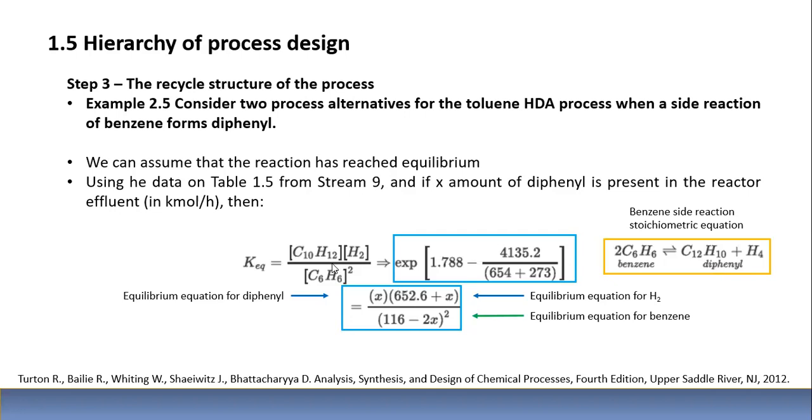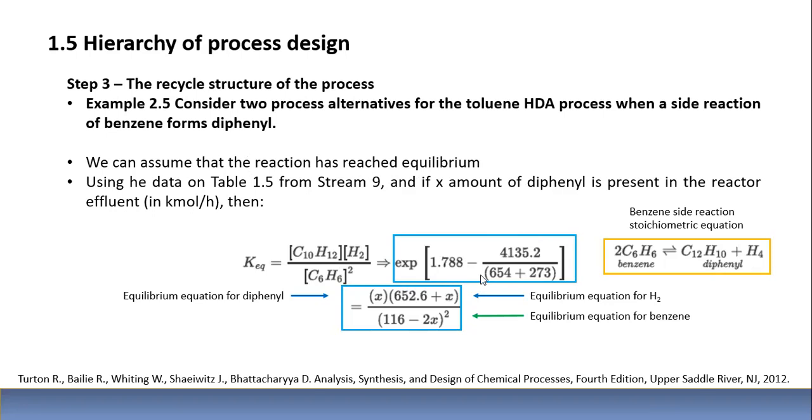And this is the equilibrium expression, where we see the products over the reactant, which is benzene. And then we can assume that the reaction has reached equilibrium. So if we assume the reaction has reached equilibrium, we can set the equilibrium expression equal to the expression for the equilibrium constant.